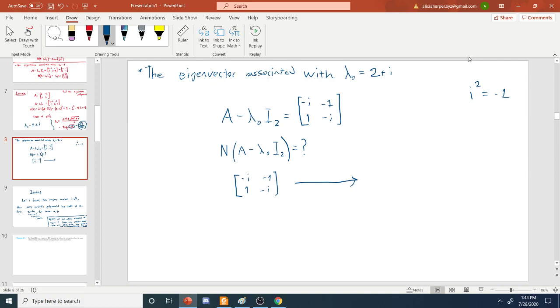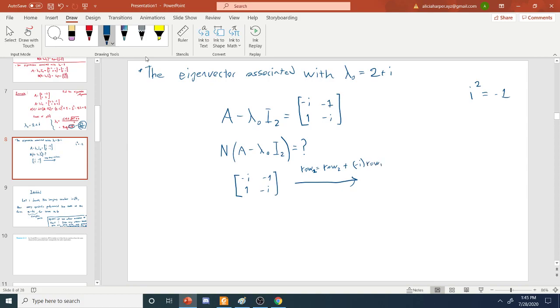And what I'm going to do is set row 2 equal to row 2 plus negative i times row 1.